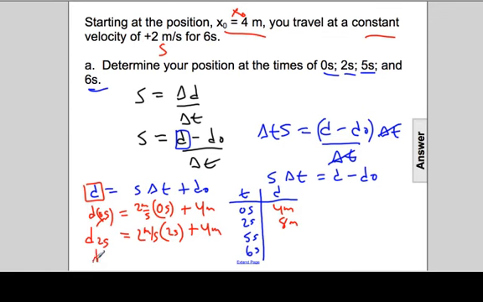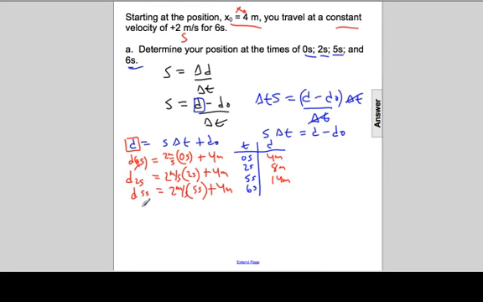The distance after 5 seconds will be the speed, 2 meters per second, times the amount of elapsed time, 5 seconds, plus 4 meters, our starting location. 2 times 5 is 10, plus 4 is 14 meters. And then lastly, we'll solve this equation at 6 seconds.